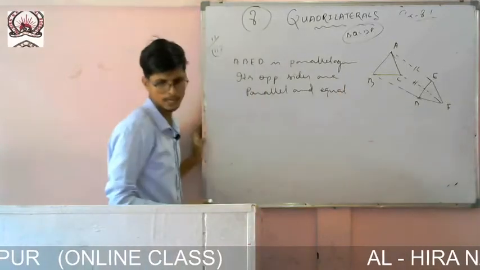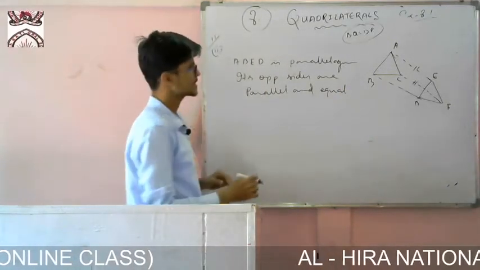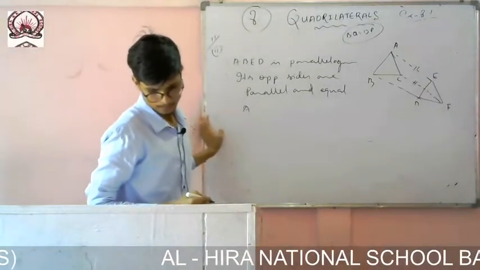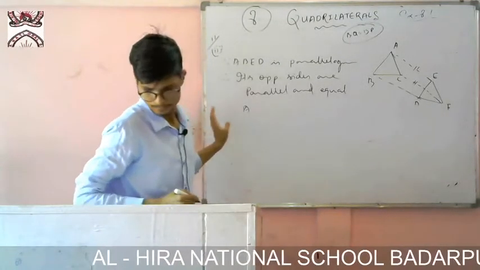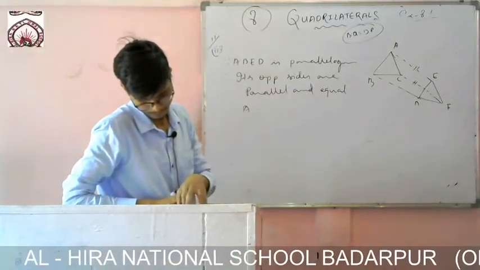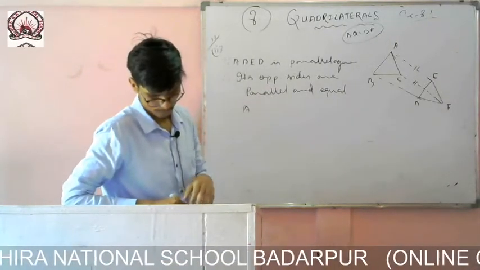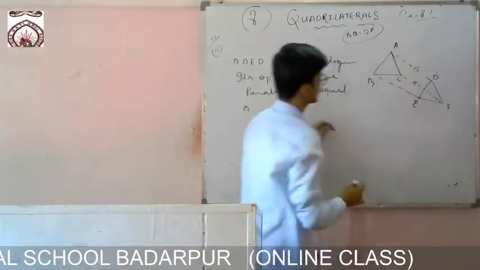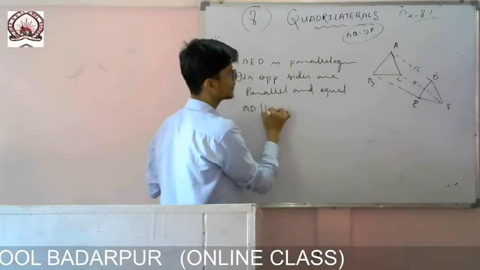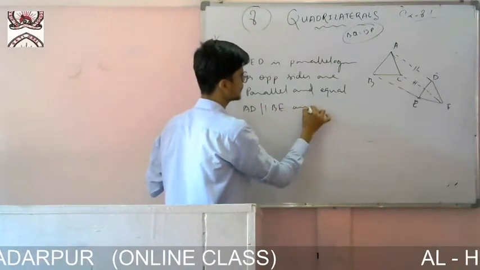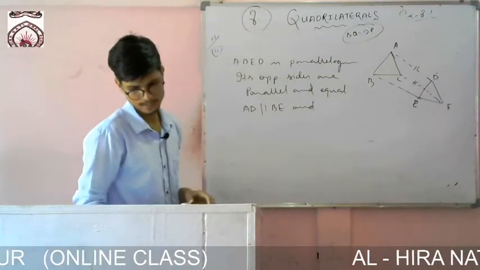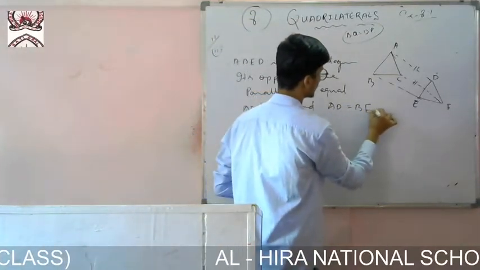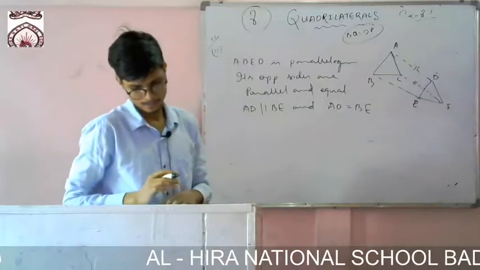Opposite sides are parallel, that means AD will be parallel to BE, and AD is equal to BE.